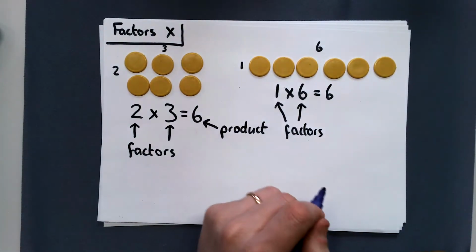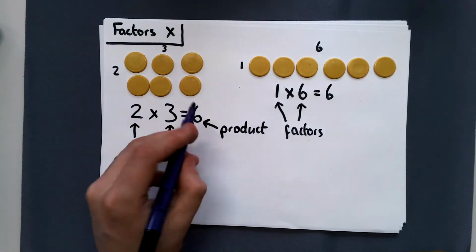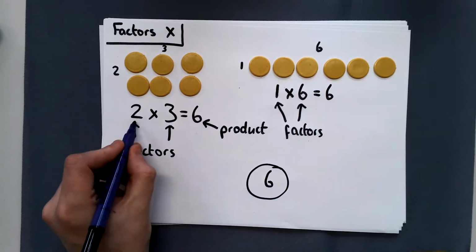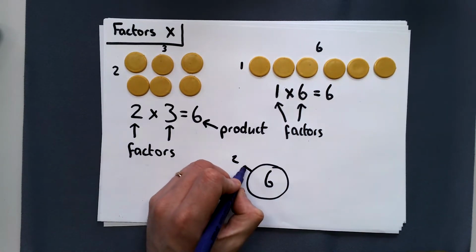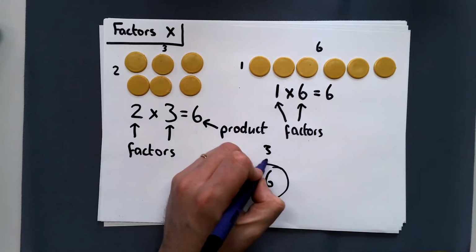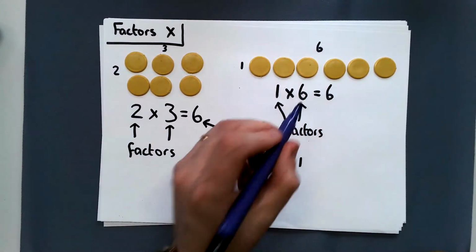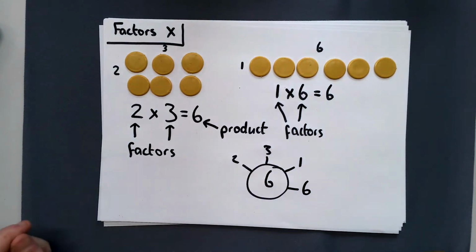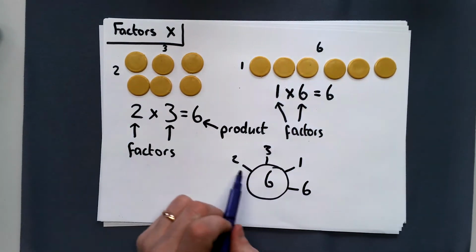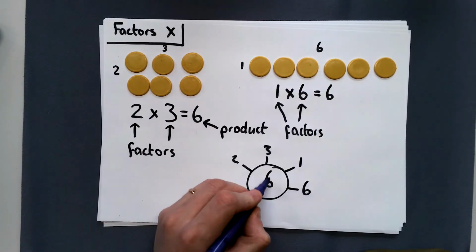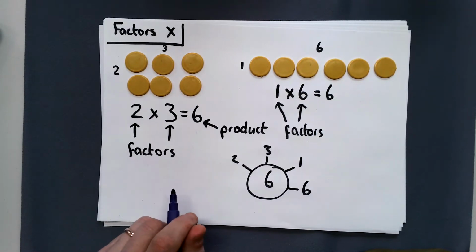Okay, so far when we're talking about 6 as the product, I've found 2 is a factor, I've found 3 is a factor, 1 is a factor, and 6 is a factor. Okay, so there aren't actually any more factors when the product is 6.